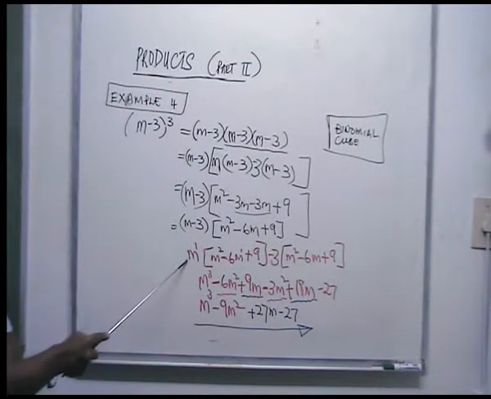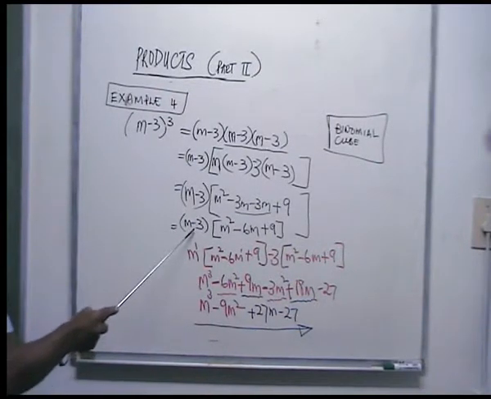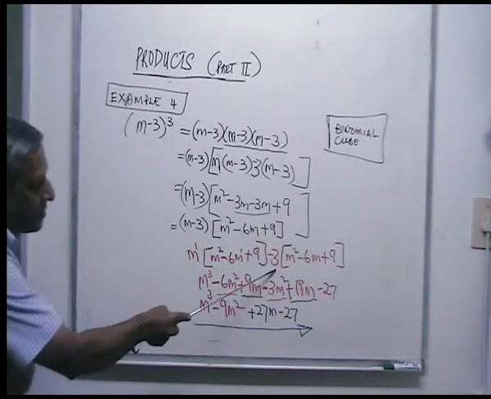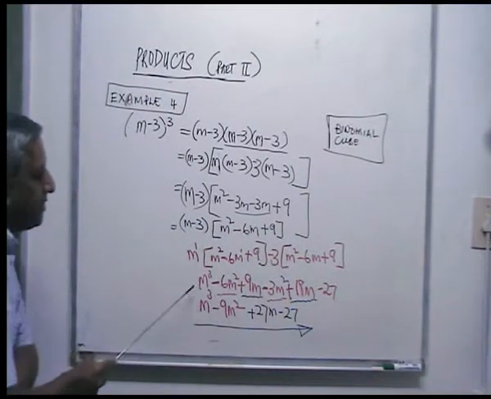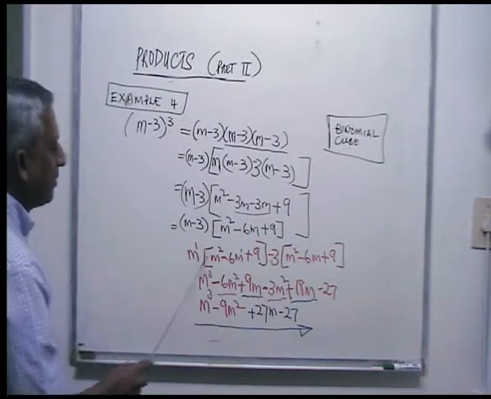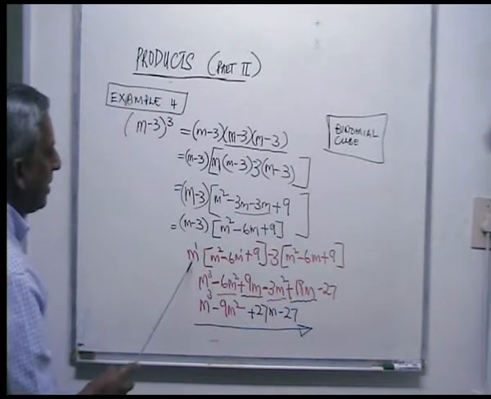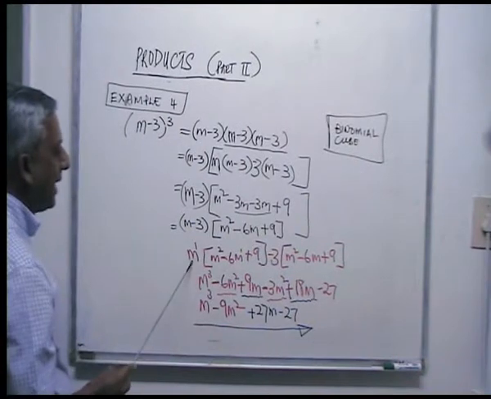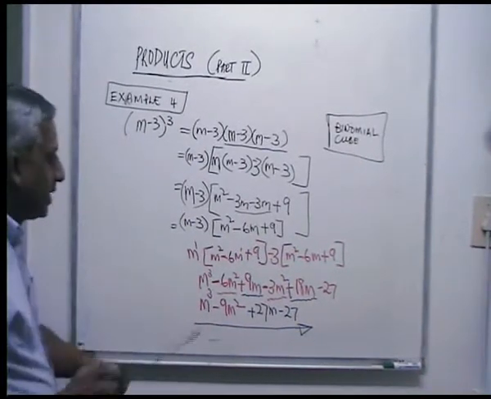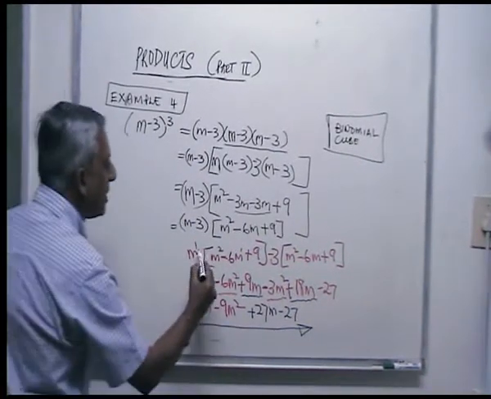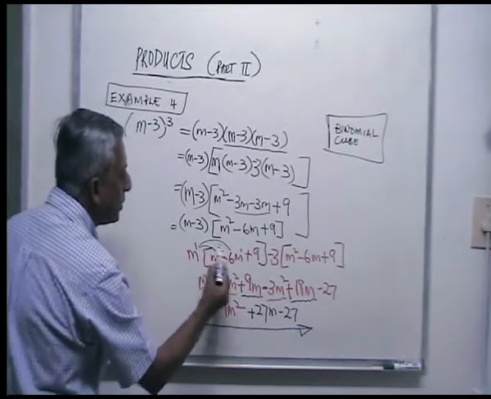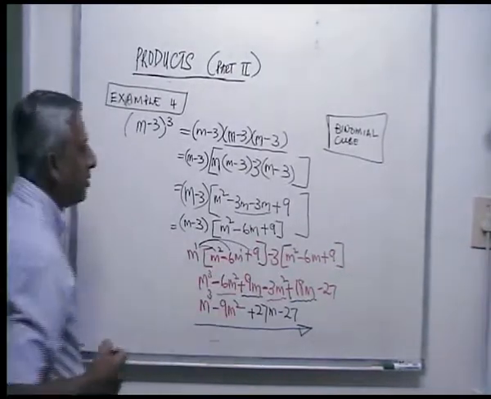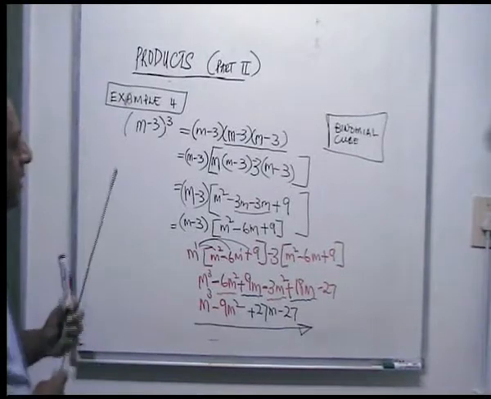Write the first term in front of the first bracket. Write the second term in front of the second bracket. And then simply multiply. M times m squared is m cubed. M times minus 6m is minus 6m squared. M times plus 9. In other words, you're multiplying 3 times here. 1, 2, 3.